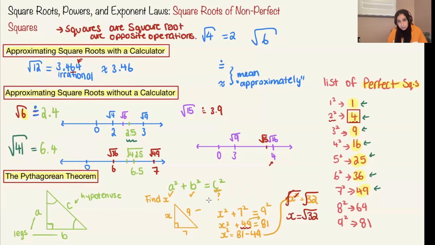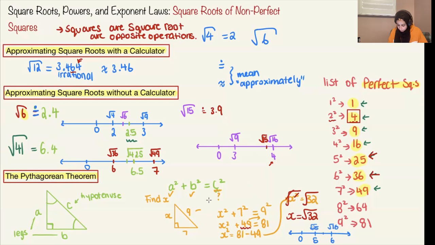But 32 is not a perfect square. 32, however, sits between 25 and 36. It's a little bit closer to 36, 4 units away, and from 25, it looks like it's 7 units away. And so if we were to draw a number line, right? And here is, for instance, 0. This is our 5. This one is 6. So this is the square root of 25, square root of 36.